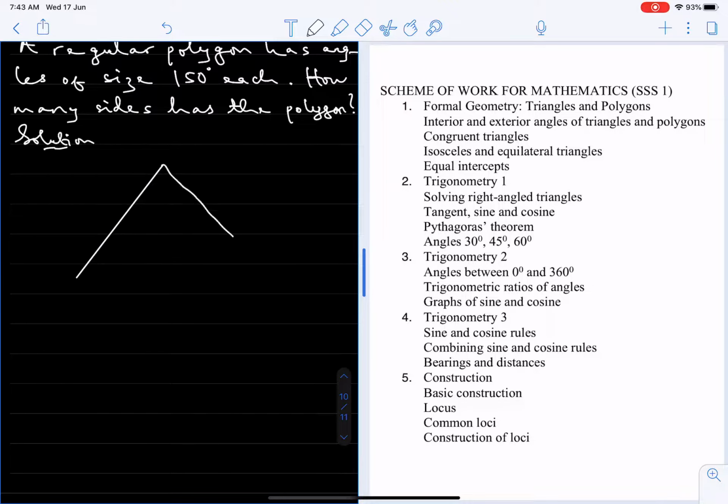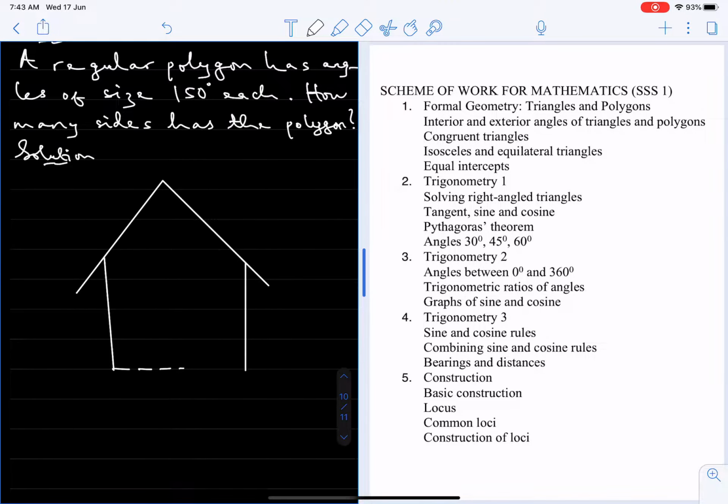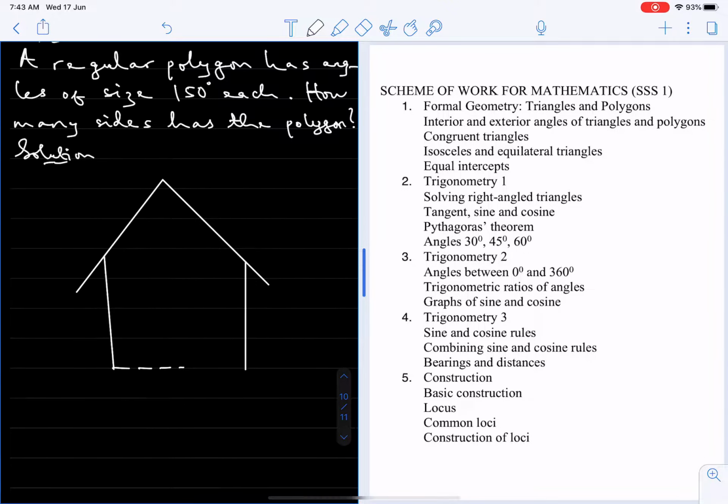If you don't know the number of sides of a polygon, you can sketch it this way. I don't know the number of sides the regular polygon has, so that's why I'm doing this. This broken line shows that the number of sides of a polygon is not complete. Now, each interior angle is 150 degrees. This will also be 150.